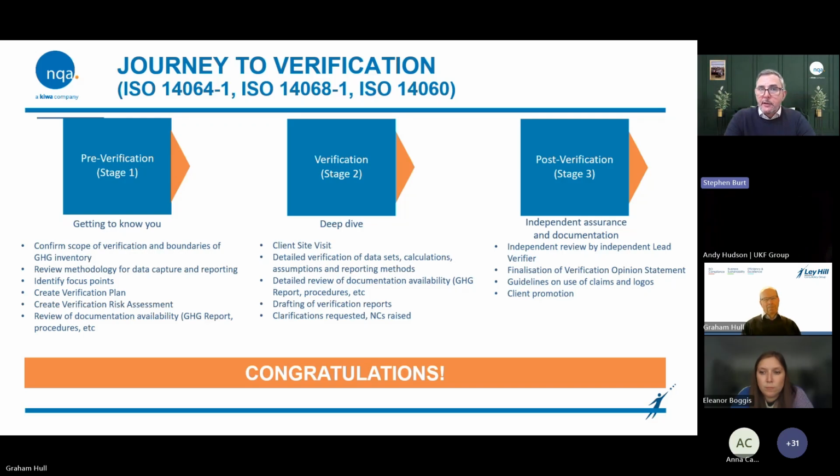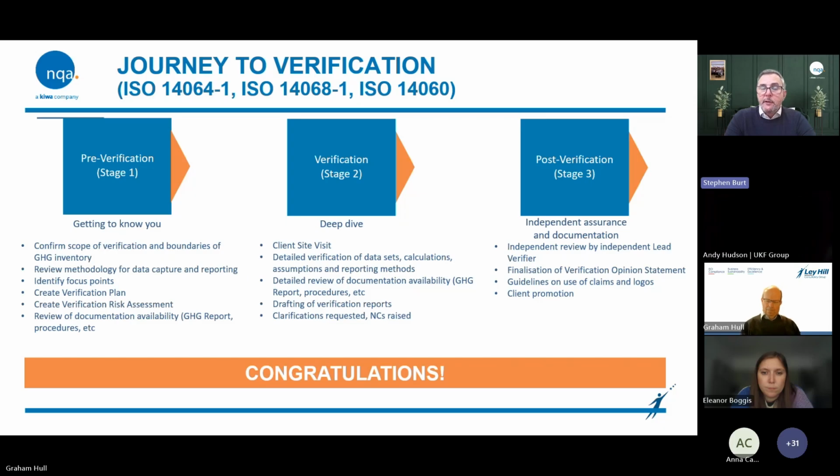So for verification, it's numbers that we verify, greenhouse gas numbers that we're verifying here. And we're always looking back at a historical data set. So for example, the previous calendar year, or the previous fiscal year. And we'll look at your greenhouse gas data for that period, and we'll verify that it's correct, essentially.